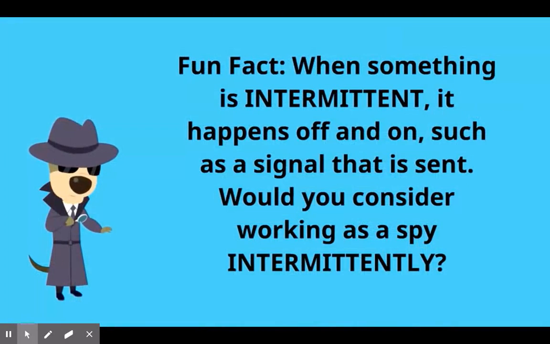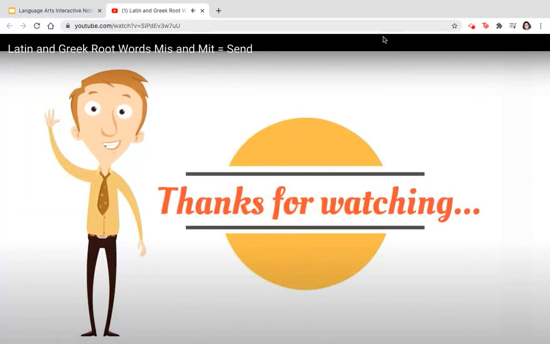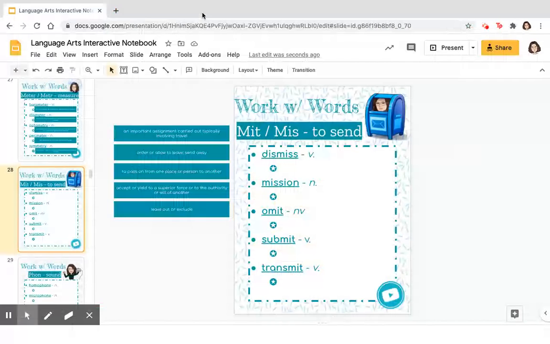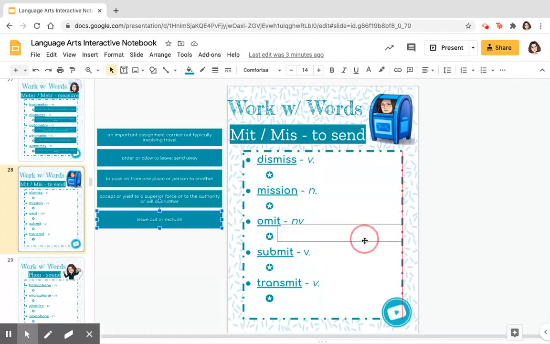Fun fact, when something is intermittent, it happens off and on, such as a signal that is sent. Would you consider working as a spy intermittently? Beautiful. So to leave out or exclude, you are omitting.